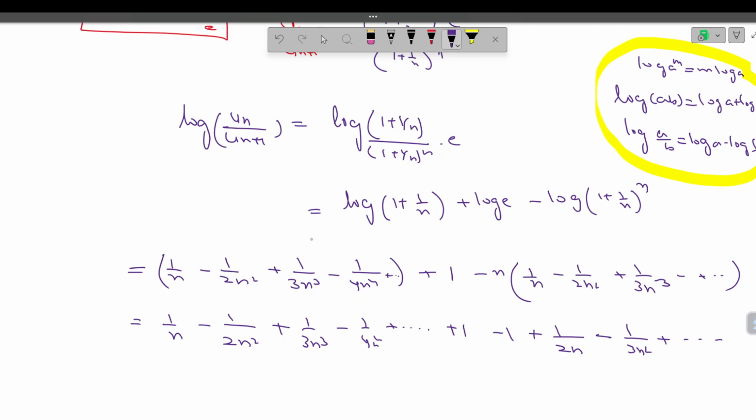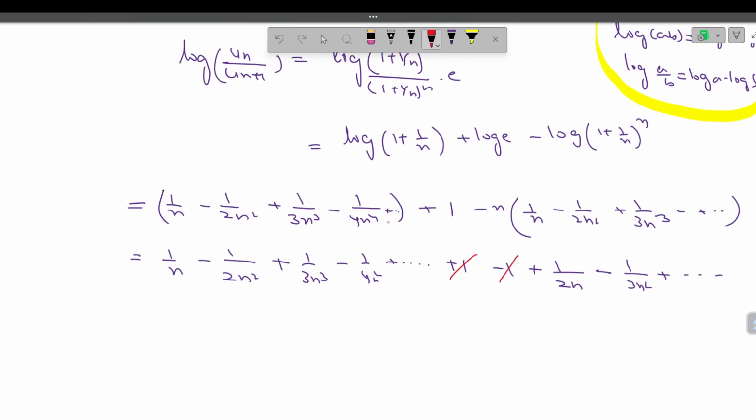See here, let me change the color. Plus 1 minus 1 getting cancelled.